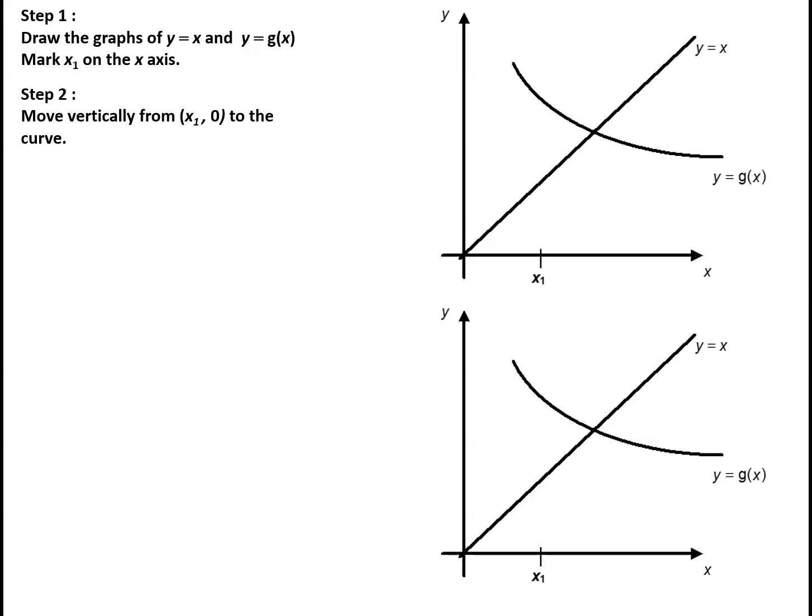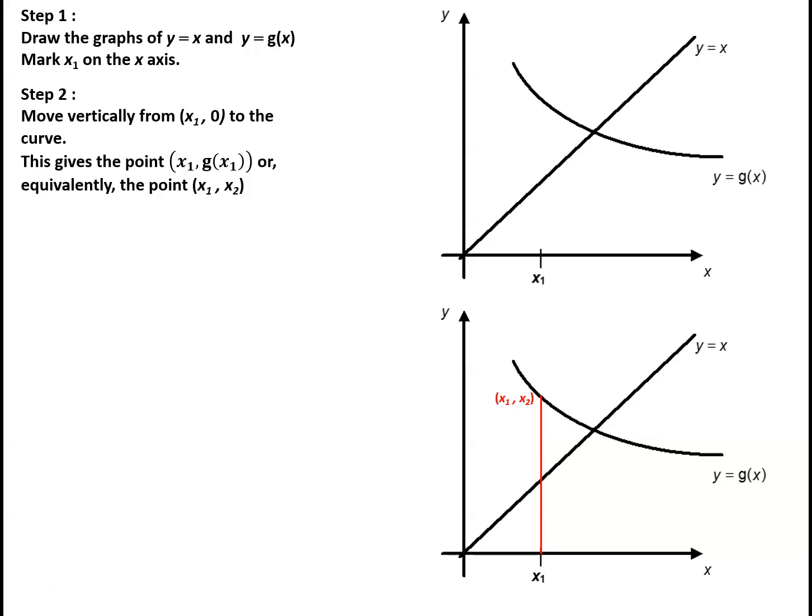But since we are using the iteration x_{n+1} = g(x_n), the point (x_1, g(x_1)) is exactly the same thing as the point (x_1, x_2). The next step is to move horizontally from the point (x_1, x_2) until we meet the line y = x.